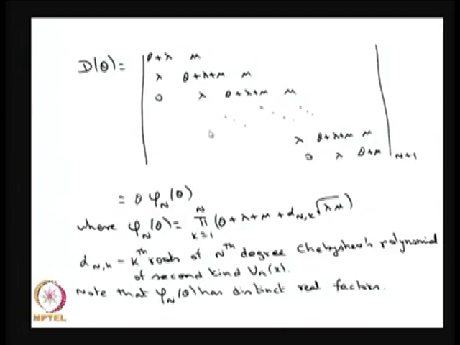For the MM1N model, the birth rates are lambda and the death rates are mu, and you can get this polynomial also in product form: the product of theta plus lambda plus mu times alpha of n comma k square root of lambda mu, where alpha of n comma k is nothing but the k roots of the nth degree Chebyshev polynomial of the second kind.